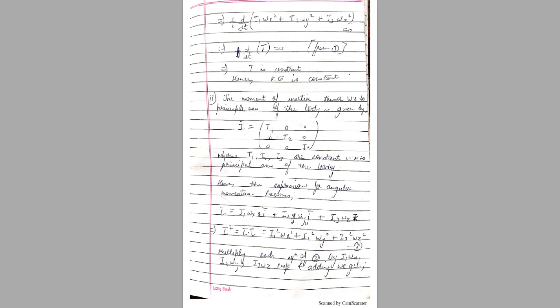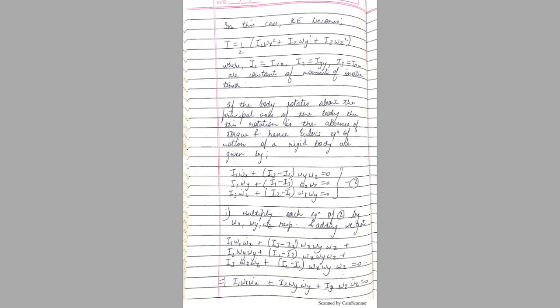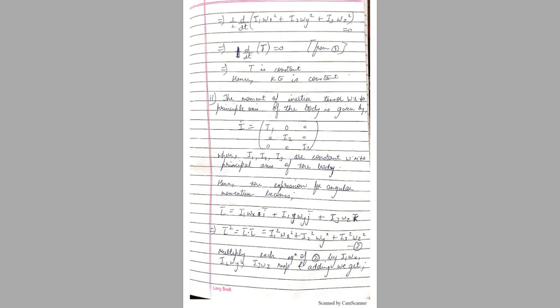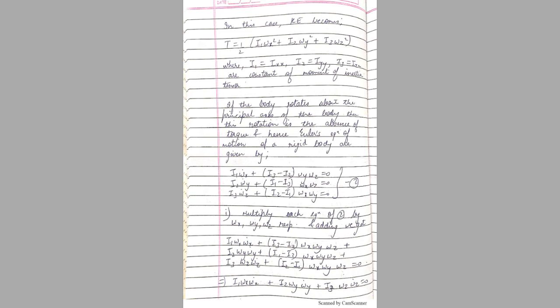Now, likewise, we had used equation number 2. In this theorem also I will use equation number 2, but instead of multiplying with just omega x, I will multiply the first equation by I1 omega x, the second equation by I2 omega y, and the third by I3 omega z.